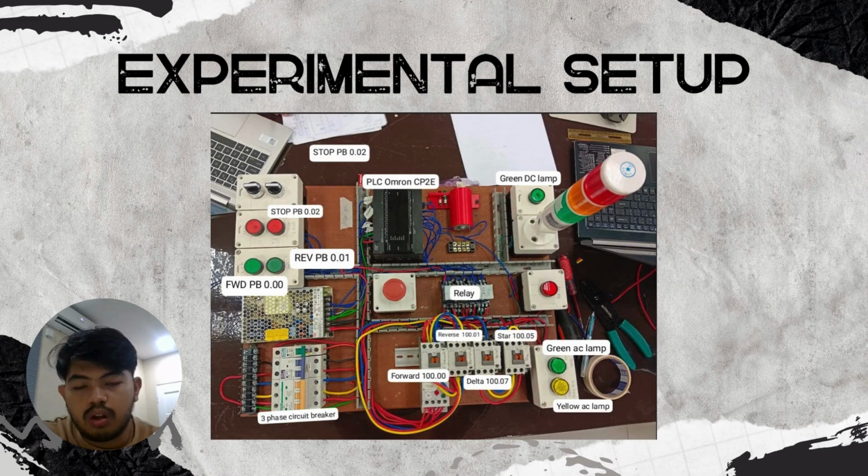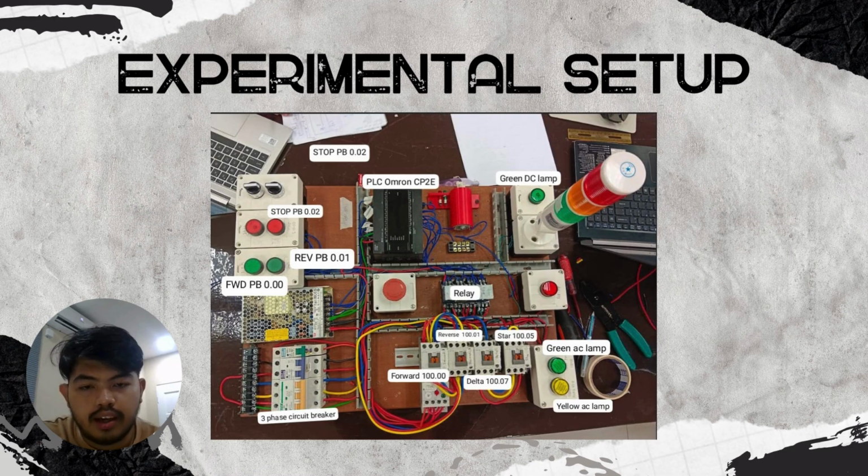Then we also have the PLC OMRON CP2E, and the green DC lamp, which is addressed the same as the delta contactor, addressed as 100.07.